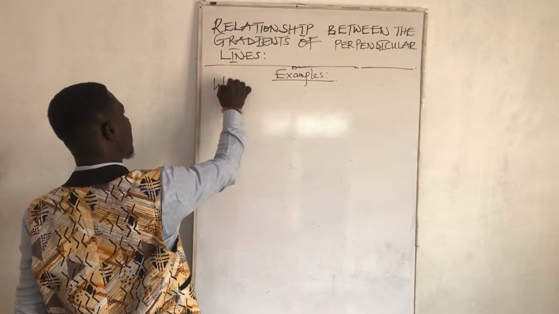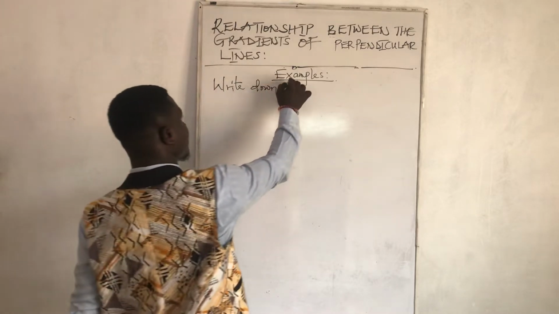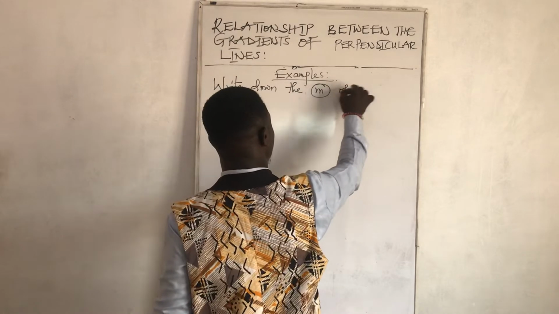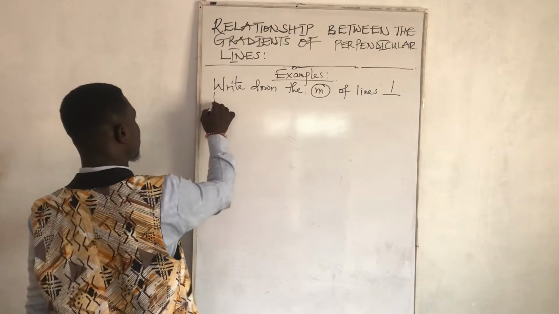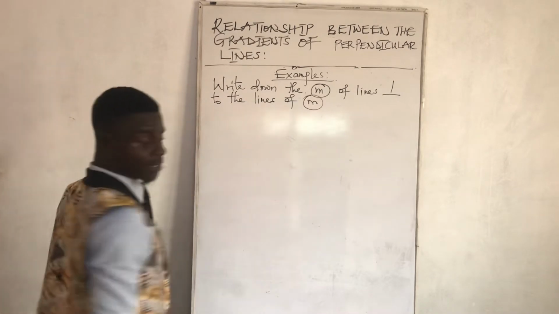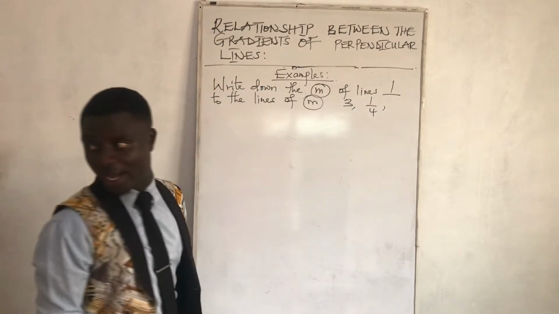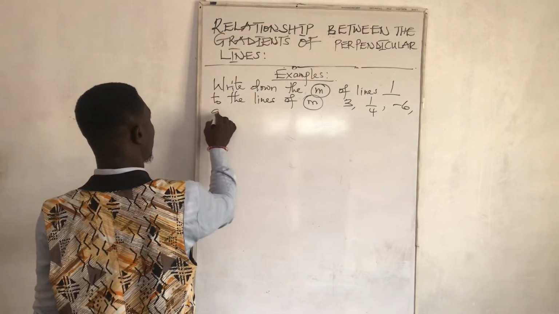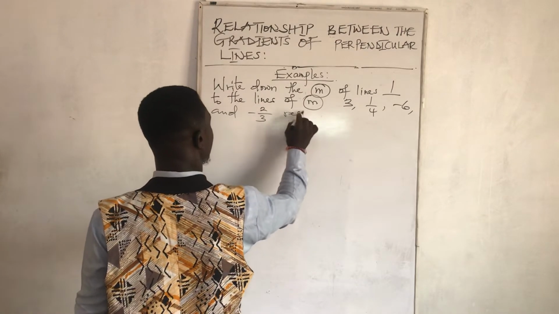So they are saying we should write down the gradient, which is m, of lines perpendicular to the lines of gradients 3, 1/4, next -6, and -2/3 respectively. This one is very simple.